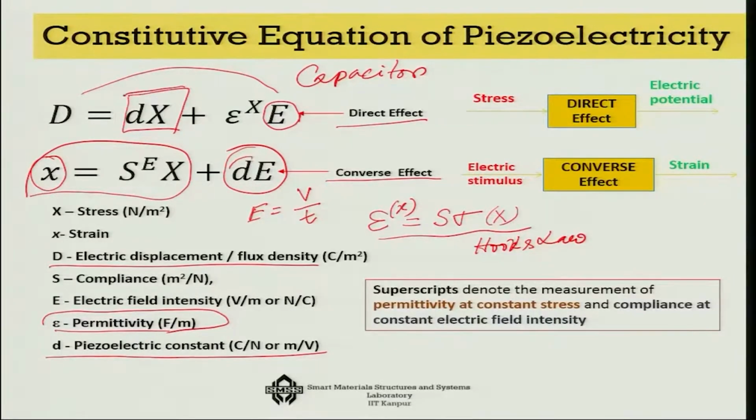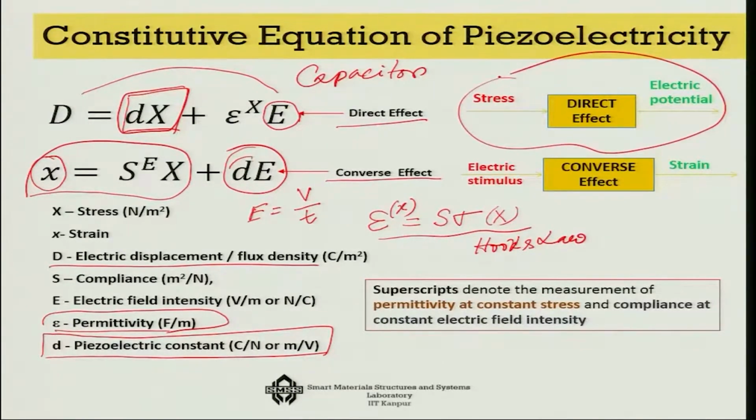The addition of the dX part, where once again capital X is the stress and small d is the electromechanical coupling coefficient or piezoelectric constant, says that yes, you can generate charge not only by applying a voltage but also by applying stress. That's what is the direct effect. So you have two different effects defined by two different equations, in which part of the equations are already known to you. It's this additional part which, when we are considering, we are getting the effect of the piezoelectricity.